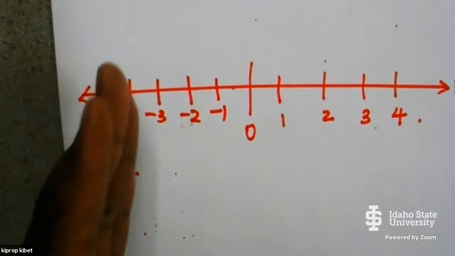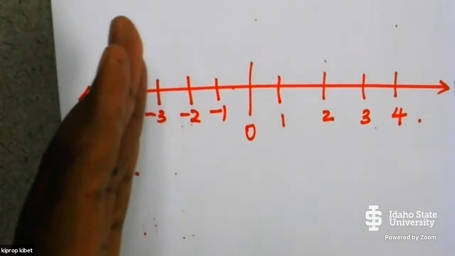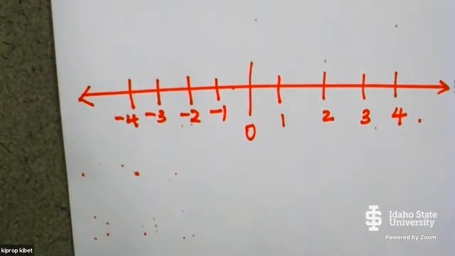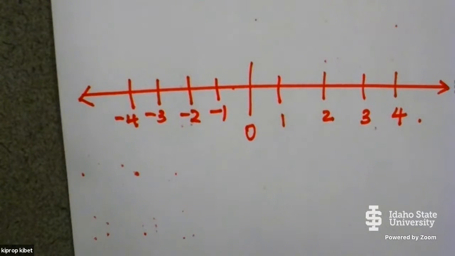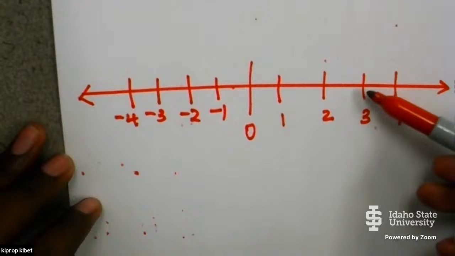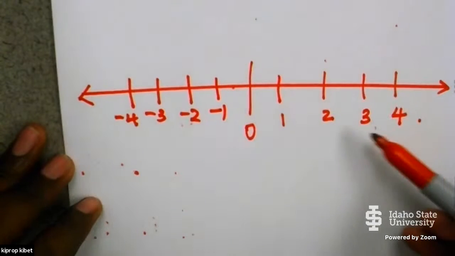Now, for x greater than 3, 3 is at this point here.